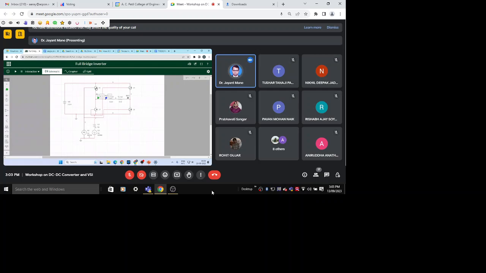In that way, gate pulse, another one. I run this. Okay, blue and output voltage.